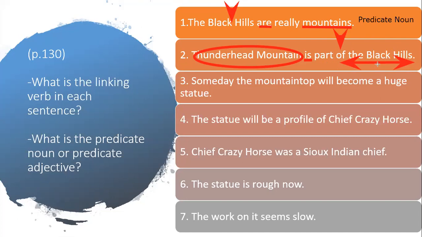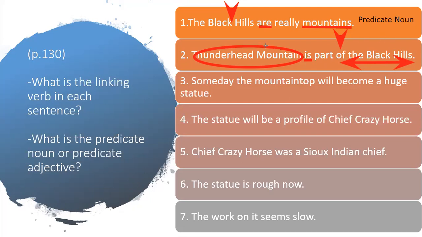So part of the Black Hills is your complete predicate. You identified "is" as your linking verb. So part of the Black Hills is where you're going to find your predicate noun or your predicate adjective. But I just told you that when there's a preposition in the predicate, words after the preposition cannot be the predicate noun or the predicate adjective.